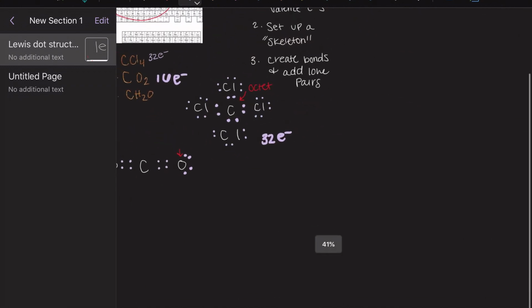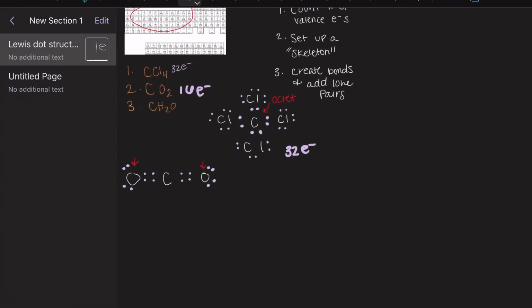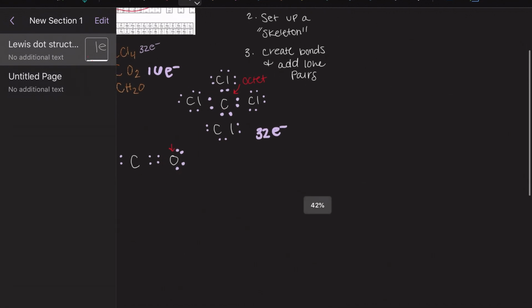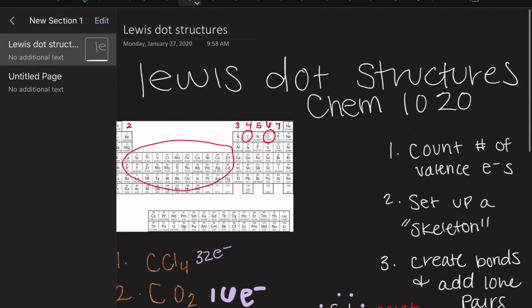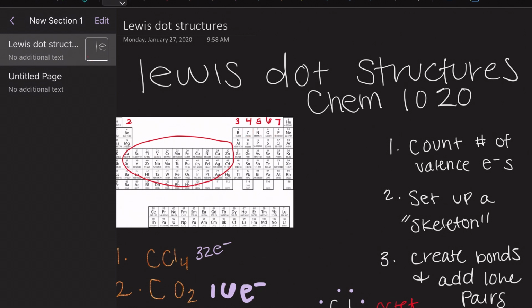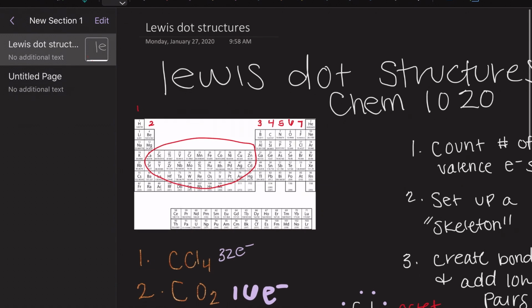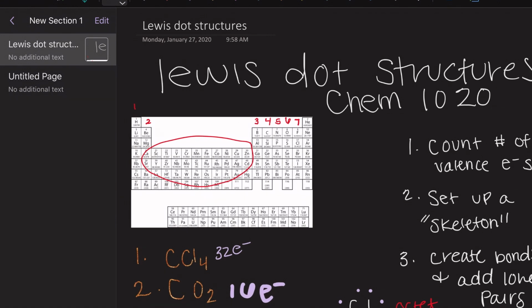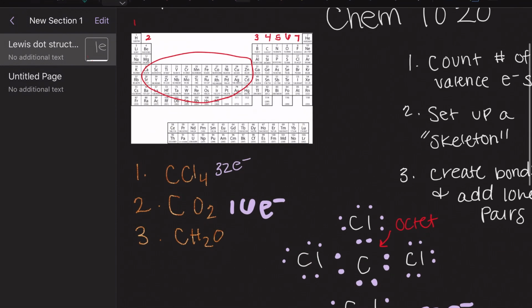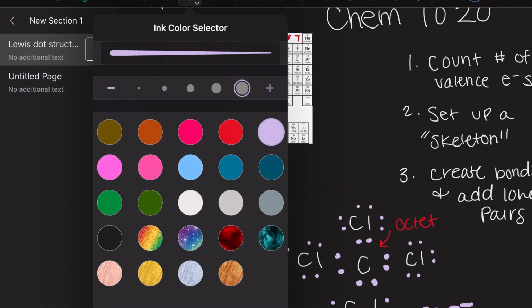Let's do our last example and talk about what we've learned. For our last example, we're doing CH2O, also known as formaldehyde. So we need to come up here. We need a C, 2 H's, and an O. So we need 4, 5, 6, plus 6 is 12 electrons.